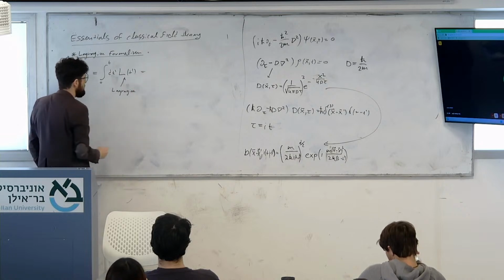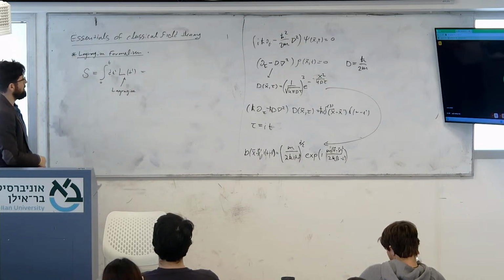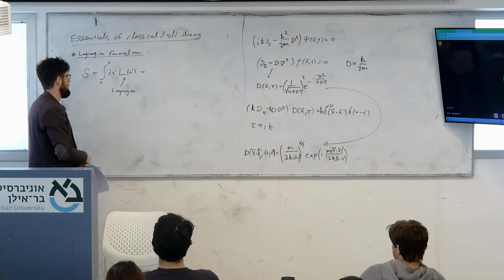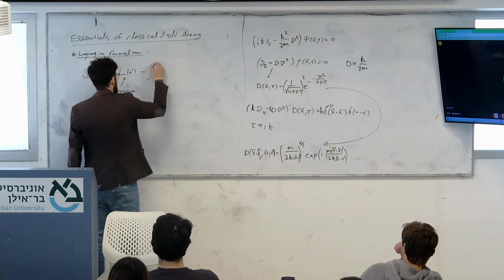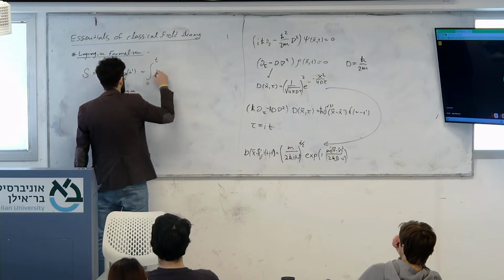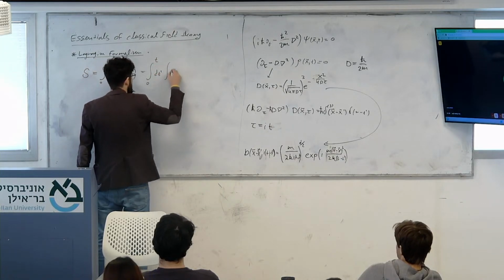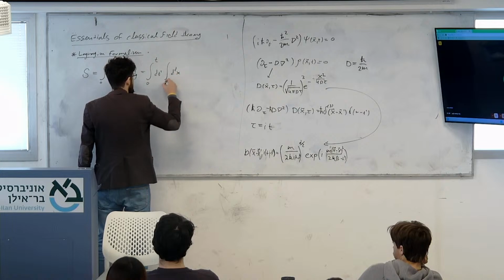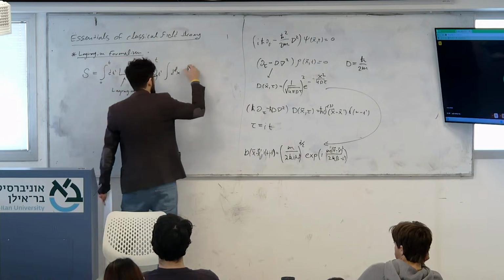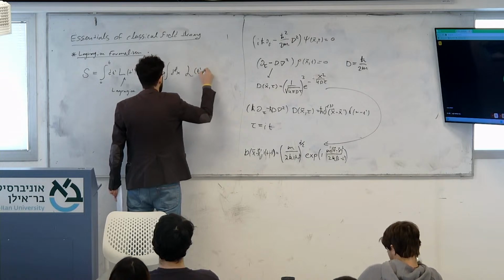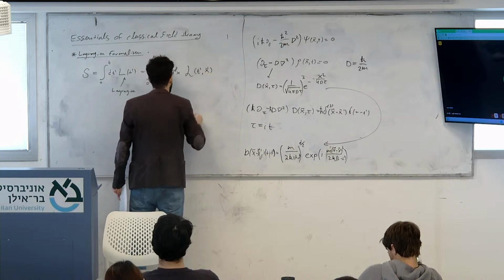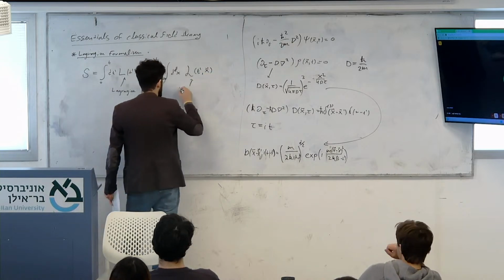And typically, if we're describing a field theory, then the Lagrangian is a spatial integral over what we call the Lagrangian density. We have an integral from 0 to t prime, dt, and d3x over all space, of the Lagrangian density.